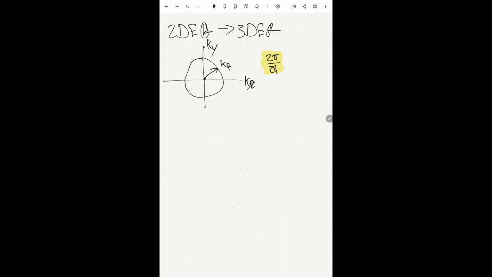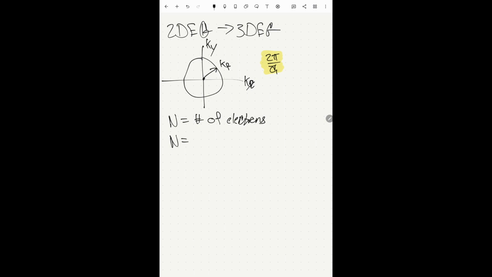when we're going through the derivations. One of the very first things that we're going to want to find with this 2D electron gas is the number of electrons. I'm going to write that here. And how are we going to do that? The very first thing we're going to do is take this in steps.